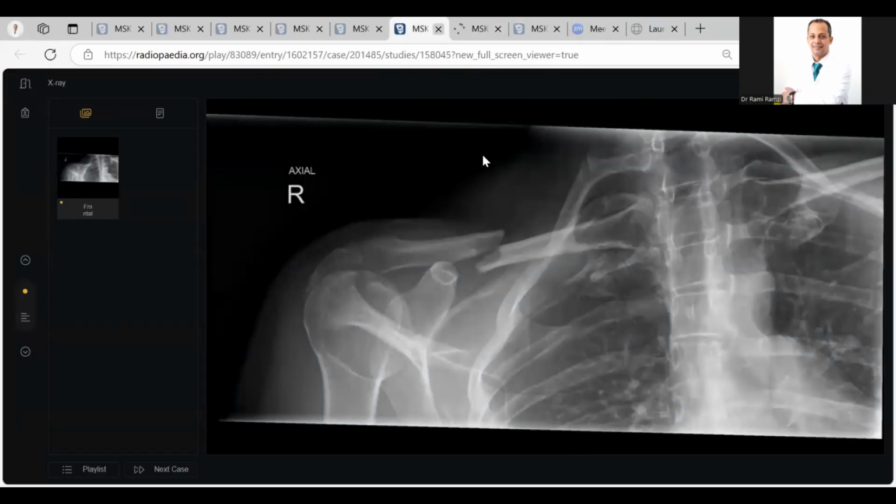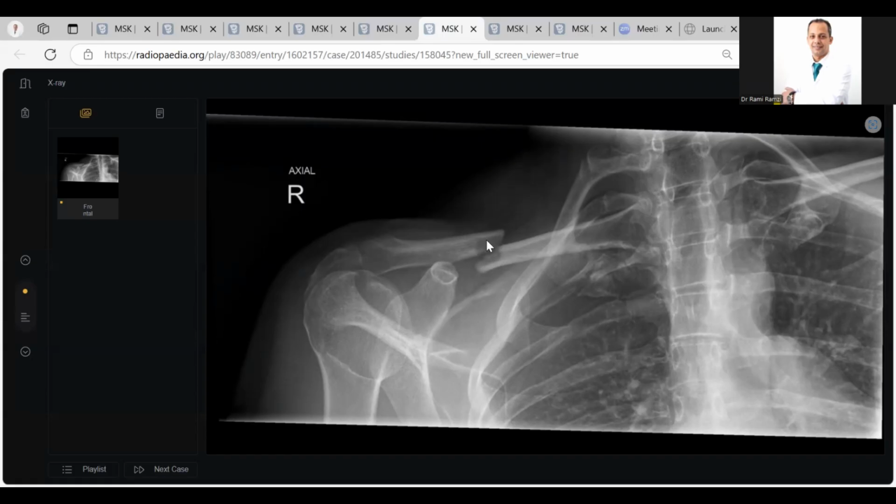Before this case, I was about to not pass you, but at the last minute, you picked up the pneumothorax. My colleagues, take care when the examiner brings one easy case. Sure, this is a tricky case. Okay, this is a fracture, no problem.